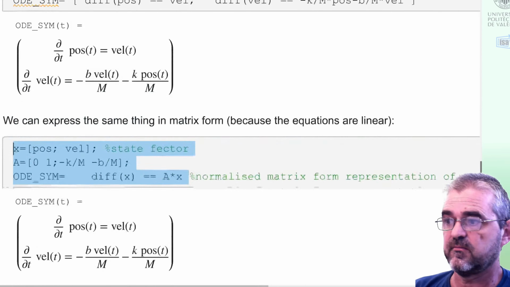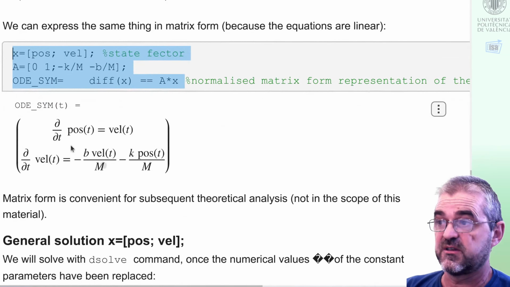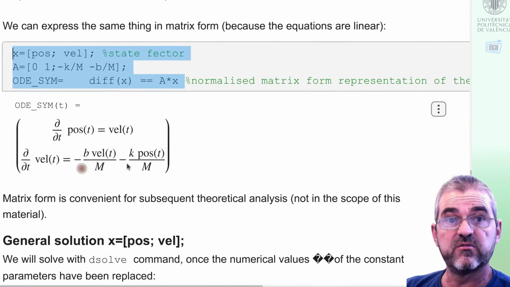So at the end, we are having this system of two first-order equations that, of course, dsolve will solve with whatever method it wishes. I need first, again, to replace symbolic variables by the numerical ones.